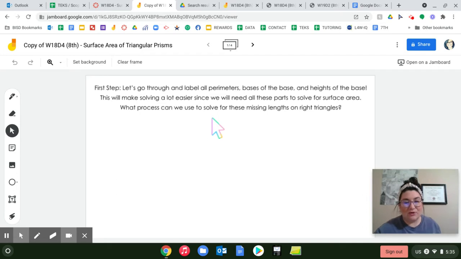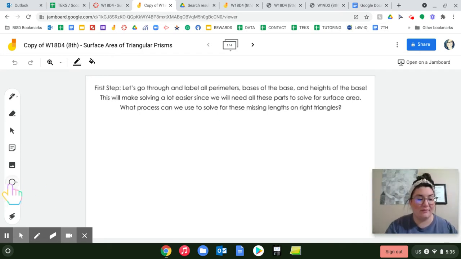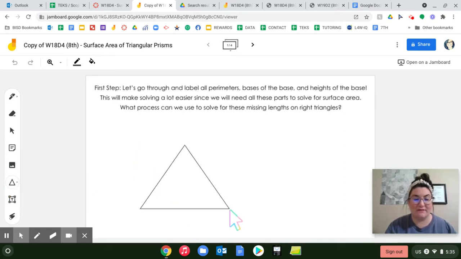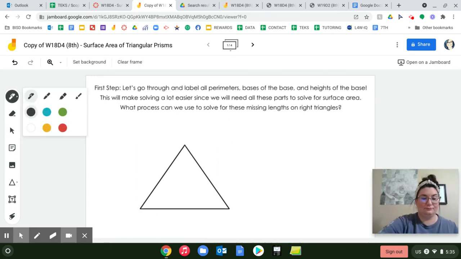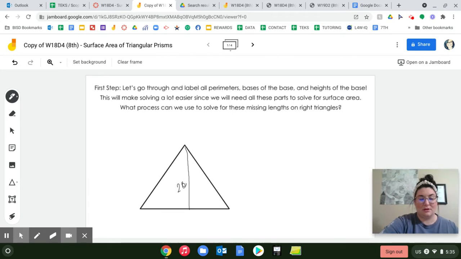What process do we use to solve for missing lengths? So coming up, we might have a base that looks like this. And let's say that we know the height is 20, and we know that this entire base is, we'll just say 40.